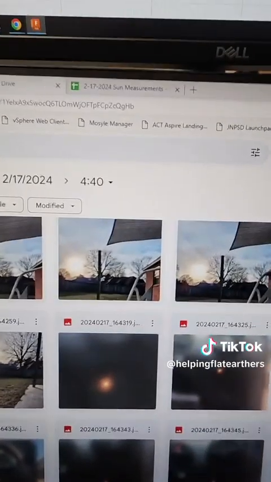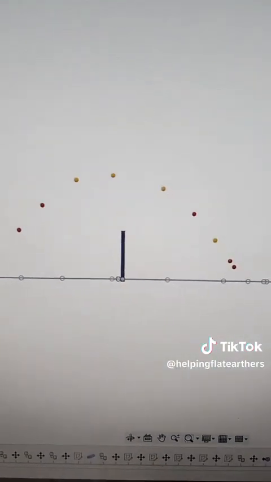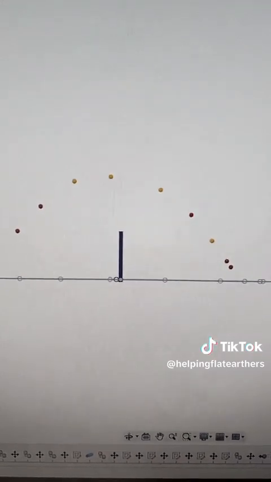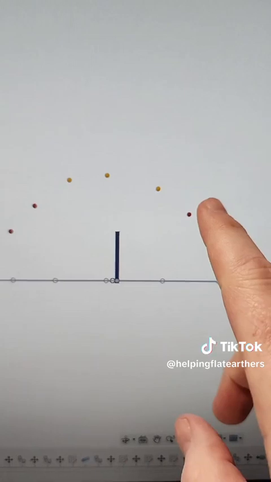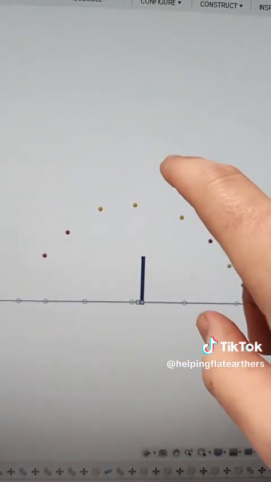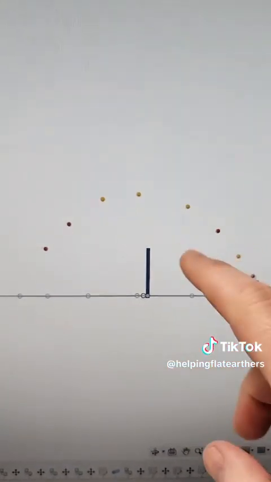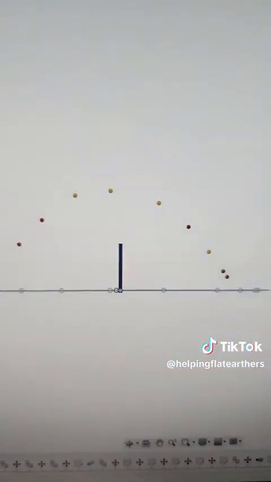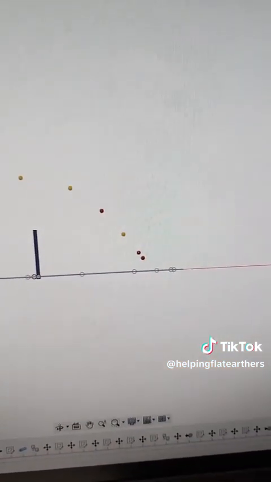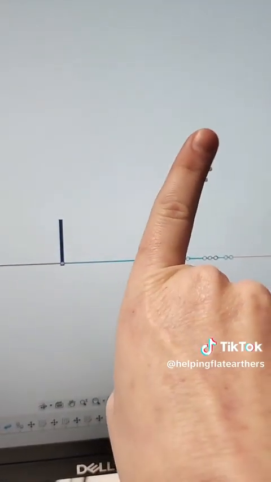I did that in January as well, and I'll do another one probably in March. But you'll notice that as I continue on, the sun will actually be higher up than every month up until June, because the angle moves this way.